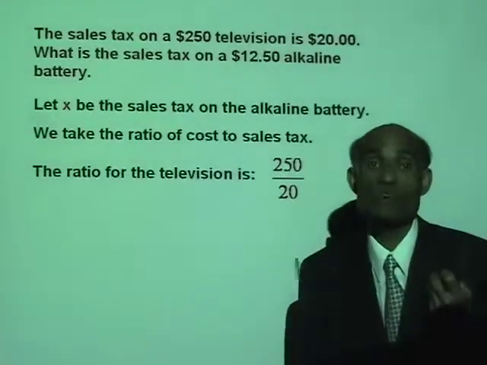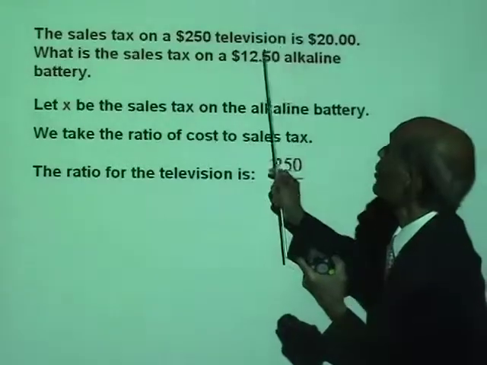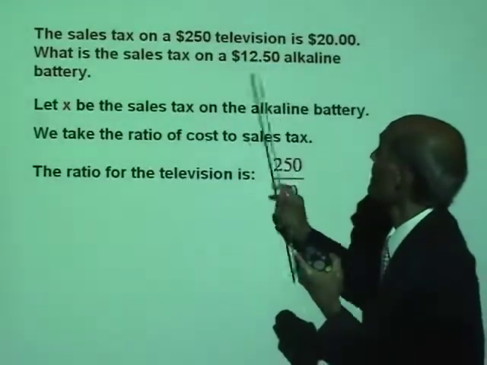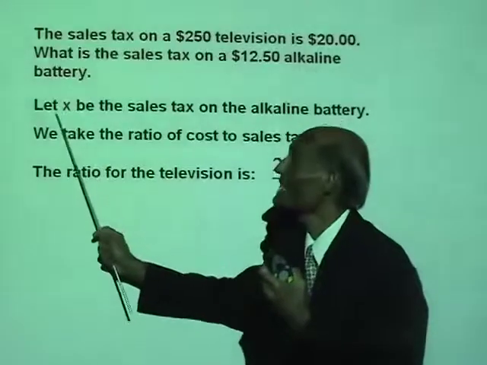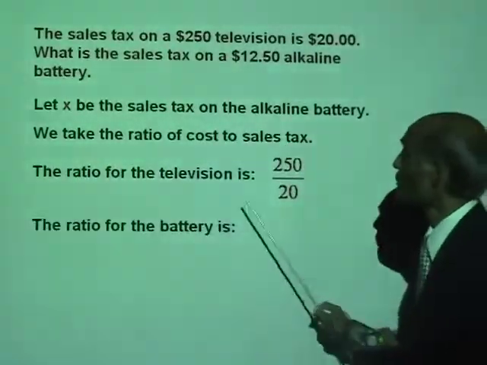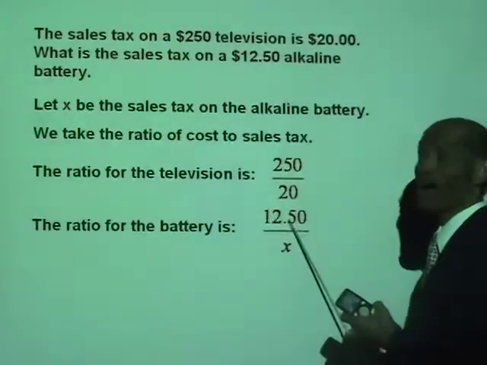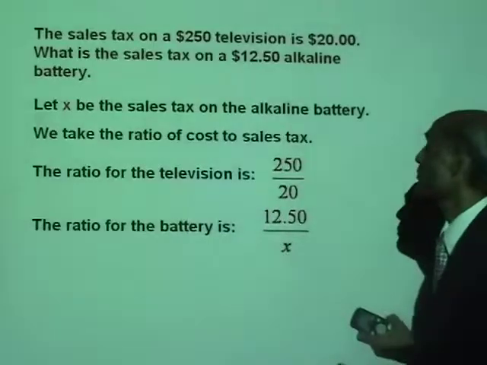What is that ratio for the battery? Cost is $12.50 and the tax we said is X, which we need to find. So the ratio for the battery is 12.5 divided by X.